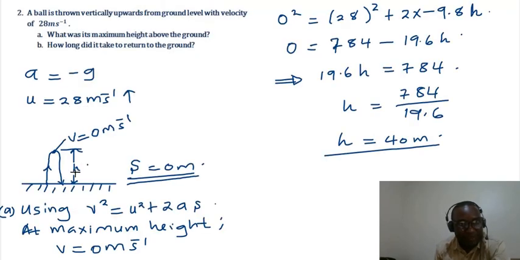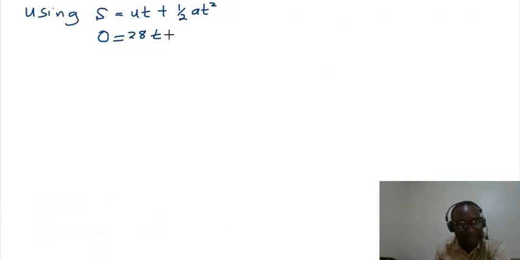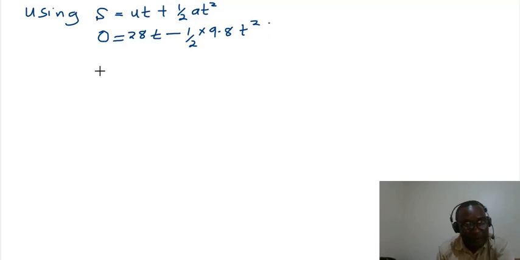The ball is moving upwards against gravity, meaning the acceleration is negative g. So this is a half times 9.8t squared, the same as 0 equals 28t minus 4.9t squared.